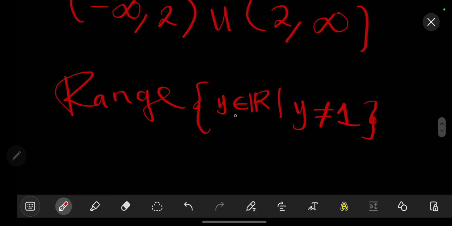So the range is y such that y is a member of all real numbers, including all the real numbers except 1.